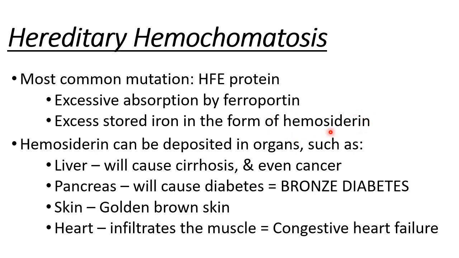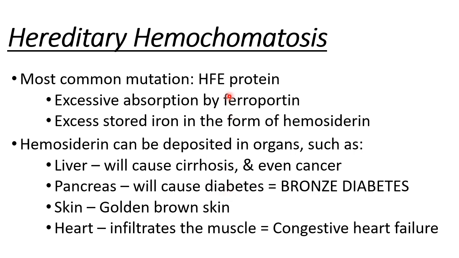Now, di ba nabanggit ko sa inyo, kapag mas sobra-sobra ang hemosiderin natin, pwede yan magtago in other organs aside from your bone marrow. So, pwede sa liver, which can cause cirrhosis and even liver cancer. Okay? Sa pancreas, which may cause diabetes kasi sisirain niya yung mga beta cells of the pancreas which produces your insulin. Kaya kapag mababa ang insulin mo, magkakaroon ka ng diabetes.